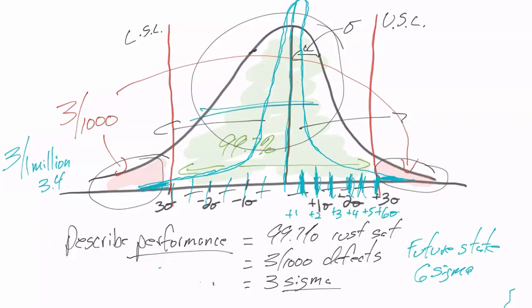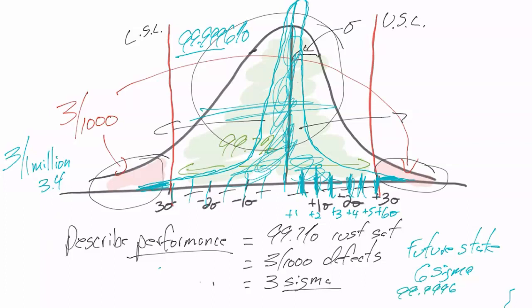What's inside of spec here, inside the curve right here, is 99.9996%, or we sometimes call it 5 nines uptime. 99.99996 could have been describing future state, or we could call it only 3.4 defects per million opportunities.